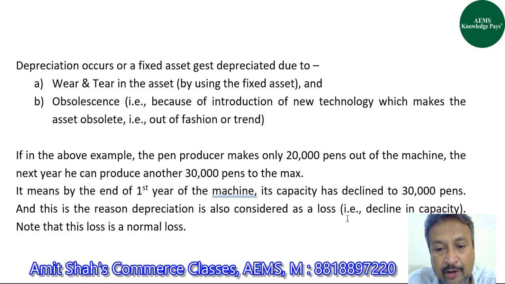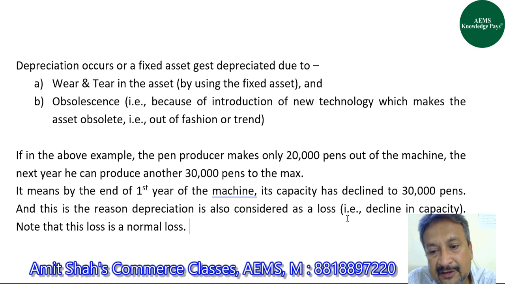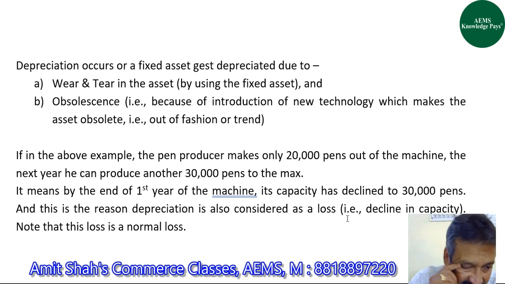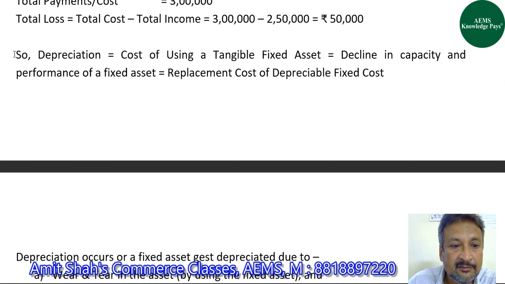Abnormal loss is the one that you can avoid, like loss of machine due to fire, that you can avoid if you have adequate safety measures and security measures in your factory, or loss of machine due to theft or accident. Am I clear? Right, guys? Note down this much, guys, from here.